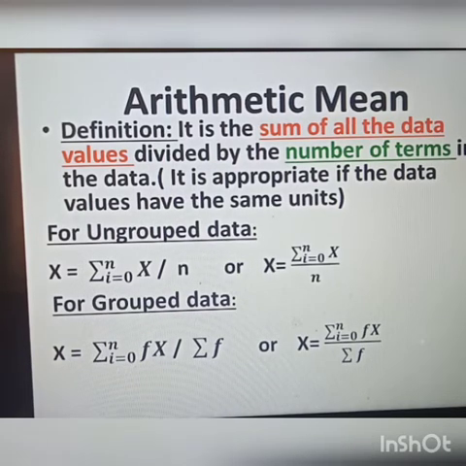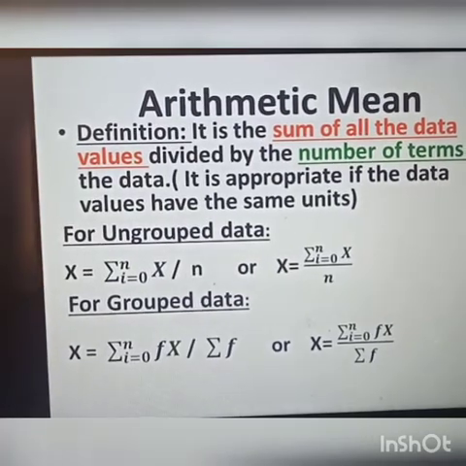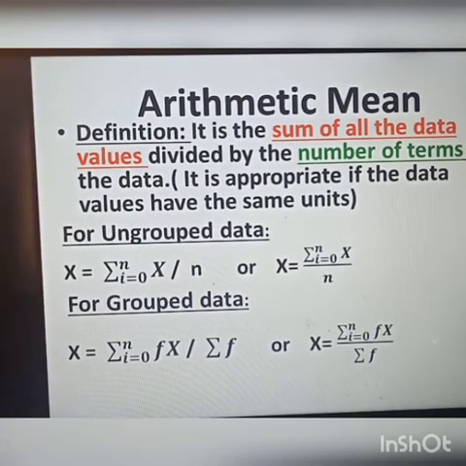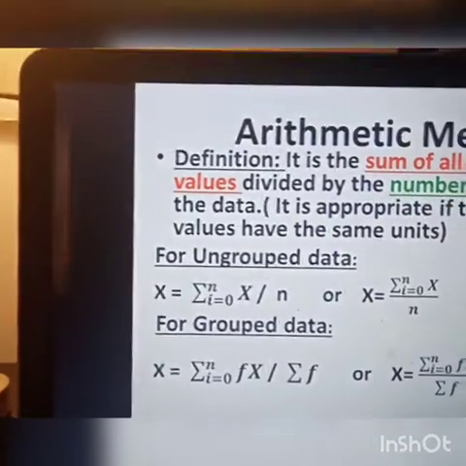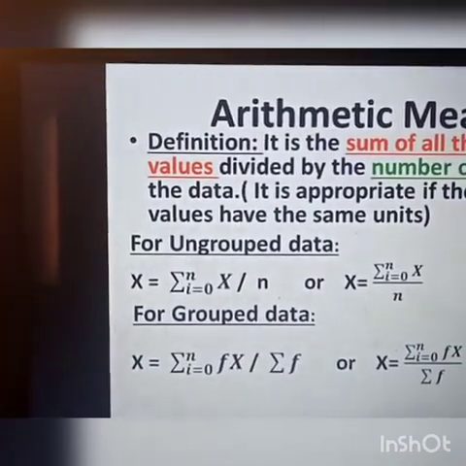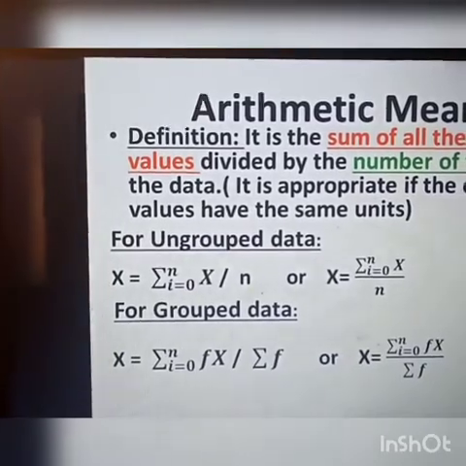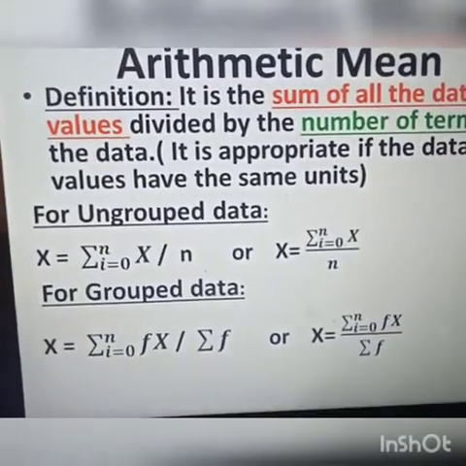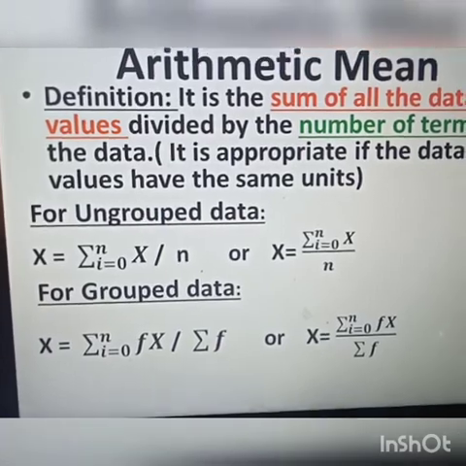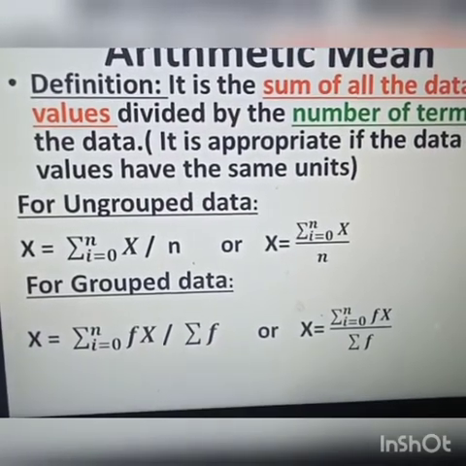Now the formulas for arithmetic mean are given here. The first one is for ungrouped data and the second one is for grouped data. I have shown both ways here. On the left hand side, x bar is equal to the sum of capital X divided by n, or the other way to write it is as a fraction this way.